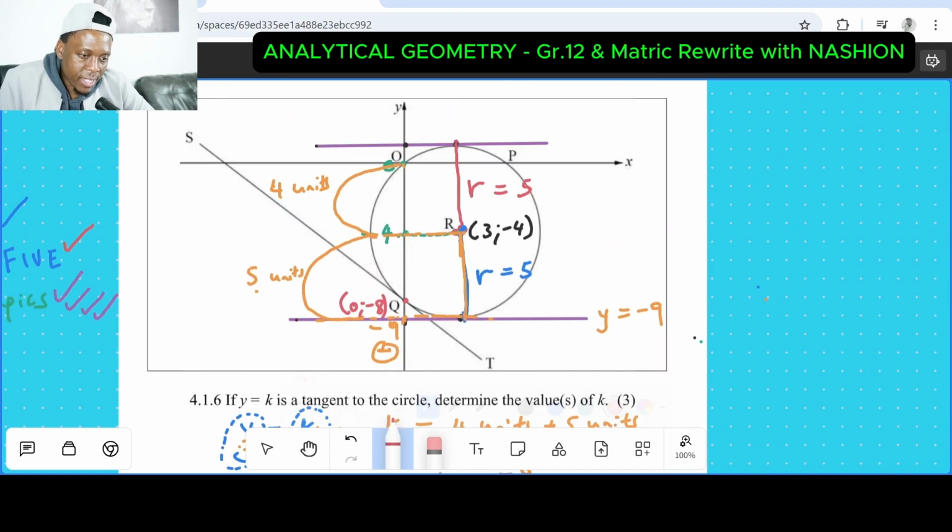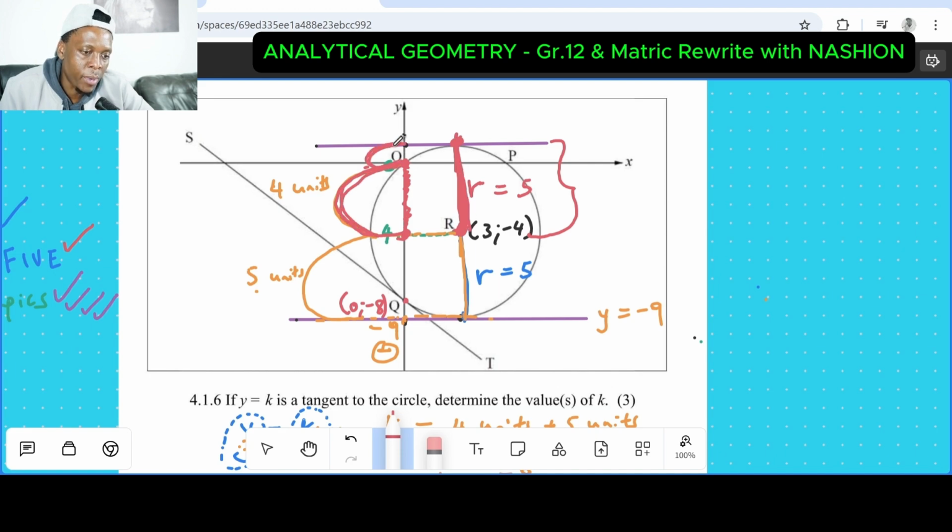So this other part, right from here, the circumference, all the way to the center, we already know is the radius, which is 5 units. And remember, from 0 up to negative 4, that's 4 units. Let's focus on the red lines. This one from point r to the tangent, that's 5 units. And this one from 0 to negative 4, that's 4 units. So all of these 5 units, these 4 units, we add how much to complete the 5 units?